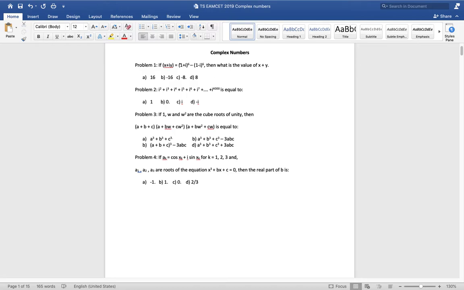And then you get a problem like this, in which you have power 6 on an expression. So if I go on and do this, that this is equal to 1 plus i into (1 plus i) raised to the power 5, then open the brackets by multiplying this with this first and then this with this first, then further open this bracket with 1 plus i into (1 plus i) raised to the power 4.